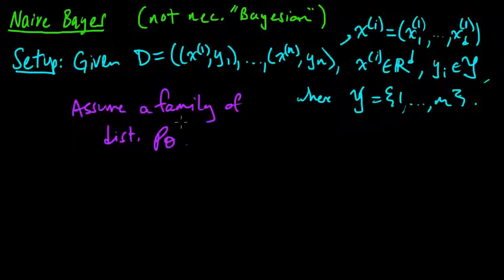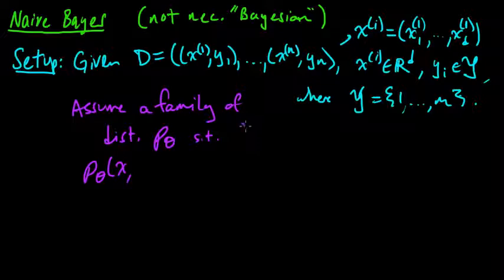And these distributions will have the following property. This is the key property. Each of these is a joint distribution. Naive Bayes is a generative model, so in contrast to a discriminative model, we're going to assume a joint distribution on x and y.